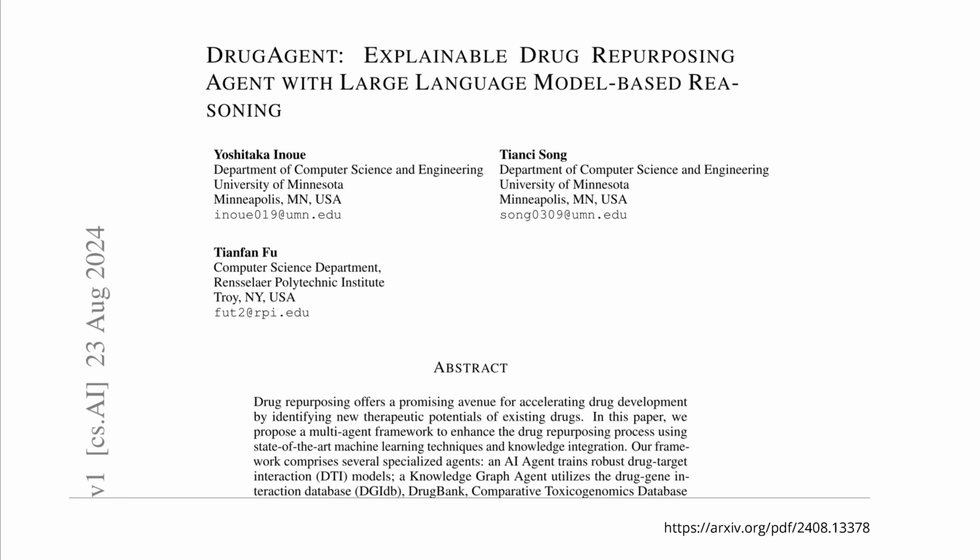And I would like to show you that those research teams, University of Minnesota and Rensselaer Polytechnic Institute, did this. And they created this DrugAgent, as they call it, an explainable drug repurposing agent with LLM-based reasoning.